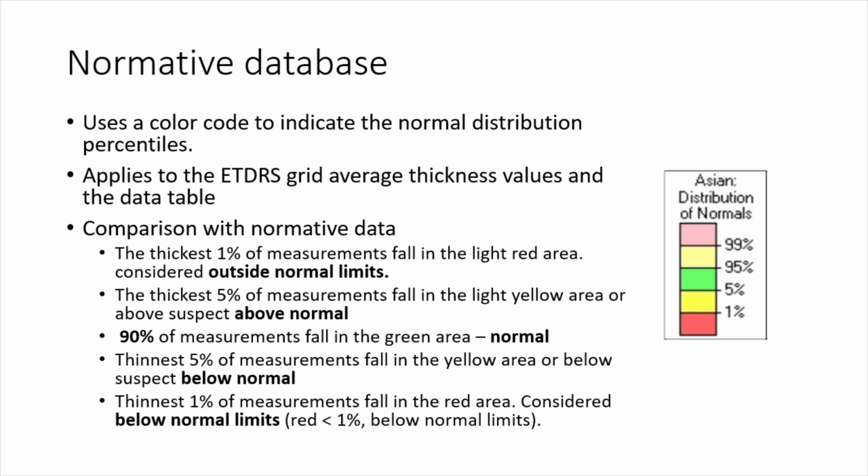So if it is red, it means that it lies in the thickest 1% of measurements. If it is light yellow, it lies in the thickest 5%, between 95 and 99. If we see a green color, that means it is normal, between 5% and the middle 90%. The thinnest ones are dark yellow, and if it is red, then that means it is in the thinnest 1% of measurements.